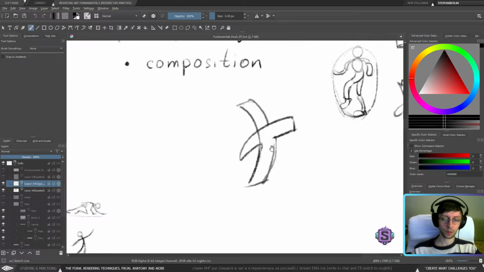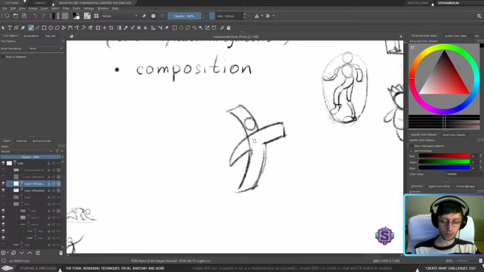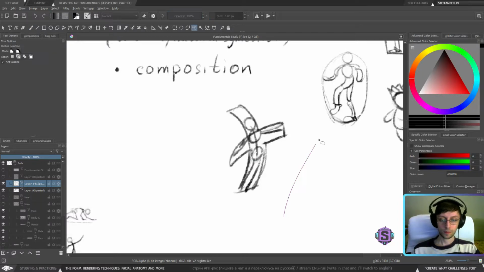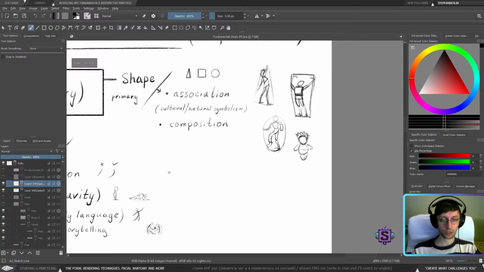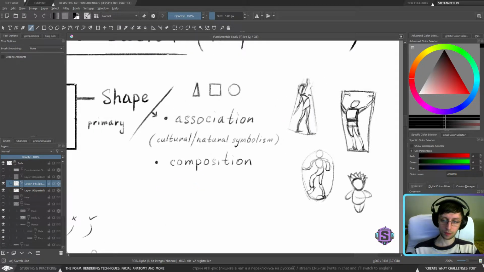So choosing a simple shape, we could already create the dynamic for our character, and then put the character inside of something like this. Again, the composition is what the character is standing inside of, along with associations and the design decisions we're going to make inside. So let's just move on.